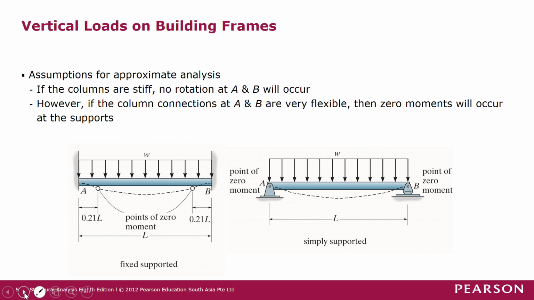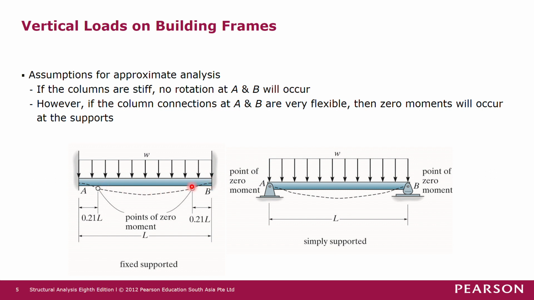Before we make the assumptions, let's look at what will happen to the structures at the 2 extreme cases. In the first case, we assume that the columns are extremely stiff and there is no rotation at supports A and B. So A is a fixed support and B is another fixed support. The support cannot rotate when it's fixed. Therefore, we will get the deflection curve of this structure like this.